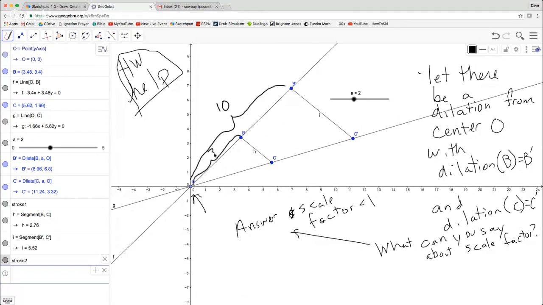The scale factor is 2. Okay, so pause and try.